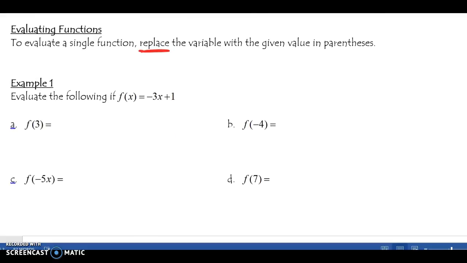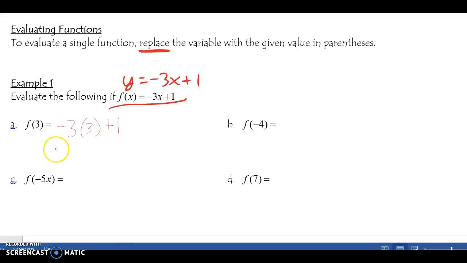So we'll start out. We have to be given some sort of function rule. Remember, this is just another way to write y equals negative 3x plus 1. So what we're given in something like A is we're given an x value and we're plugging in that value of x to find y. So f of 3 tells us to take this rule and replace x with the quantity 3.